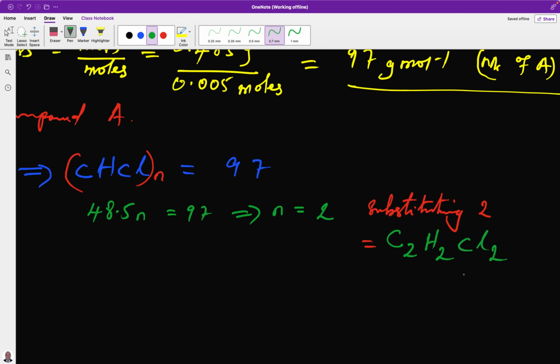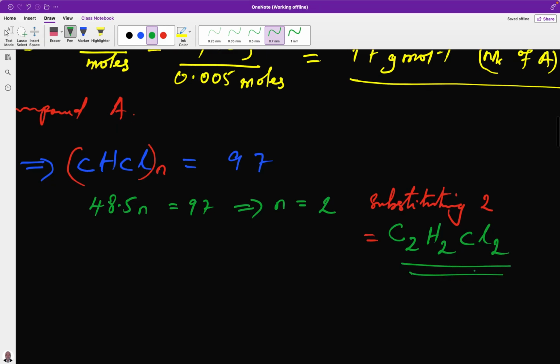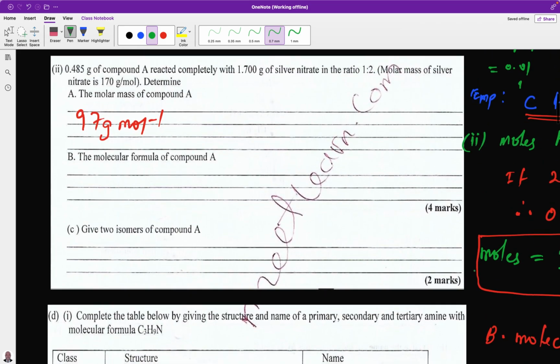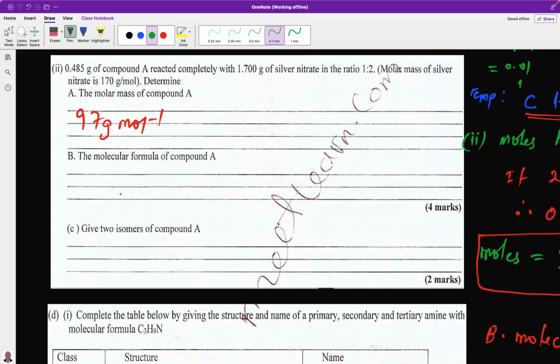And this will be our molecular formula. So our molecular formula will be C2H2Cl2.